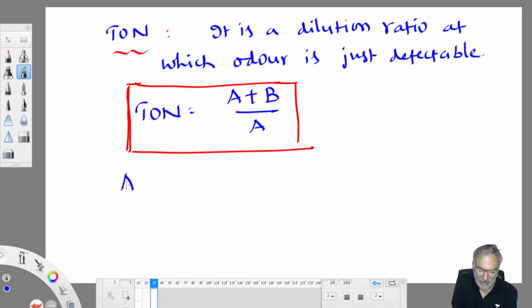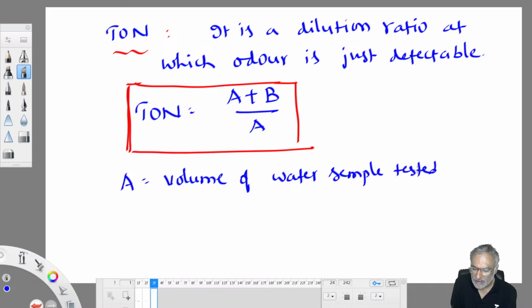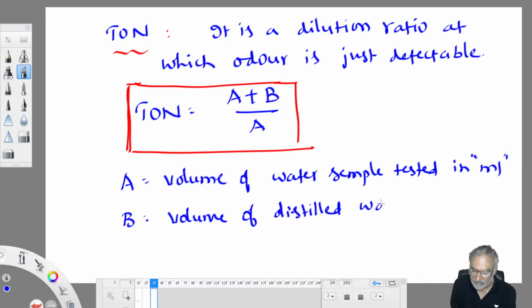Here A is equal to the volume of water sample tested in ml, and B is equal to the volume of distilled water used in dilution in ml, that is, how much distilled water is mixed with the water sample.